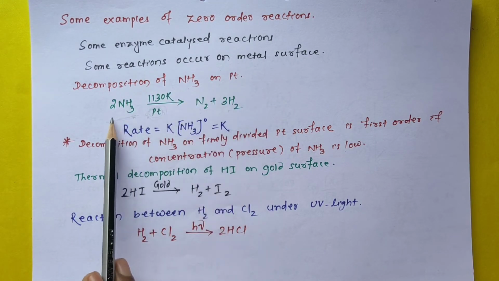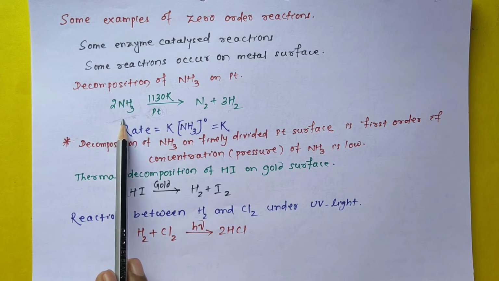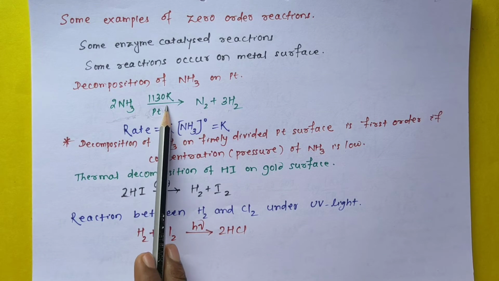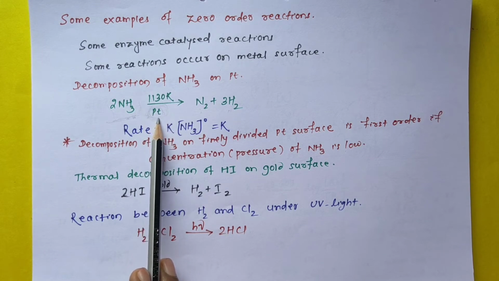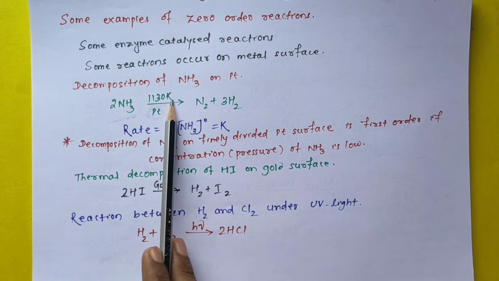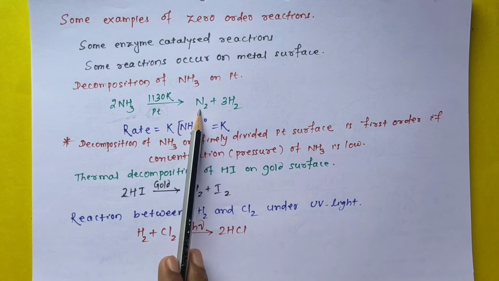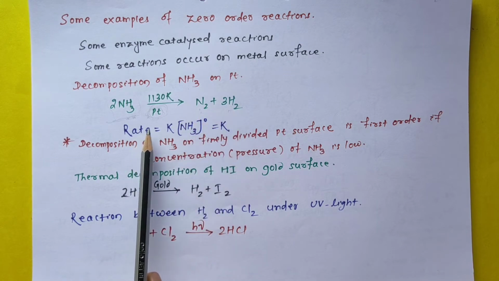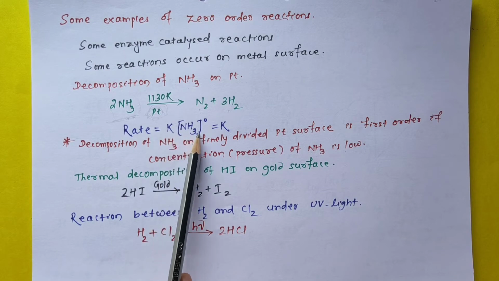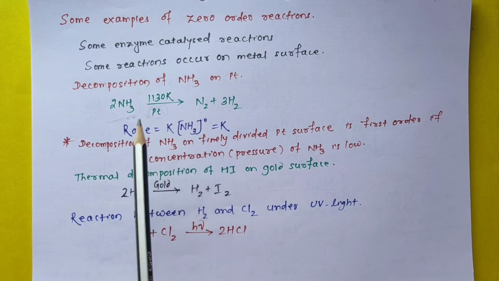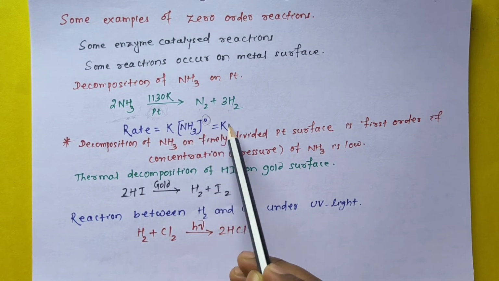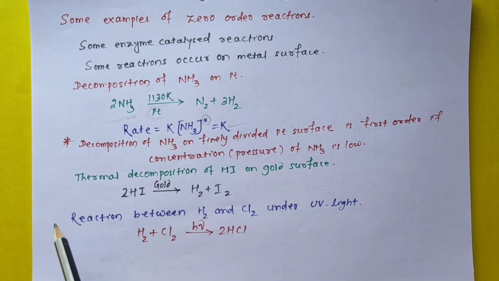You can see 2 moles of ammonia decompose in presence of platinum at 1130 Kelvin to form 1 mole of nitrogen and 3 moles of hydrogen. Here the rate is equal to K into concentration of ammonia to the power 0. That means you see here the order is 0. So this is a zero order reaction.